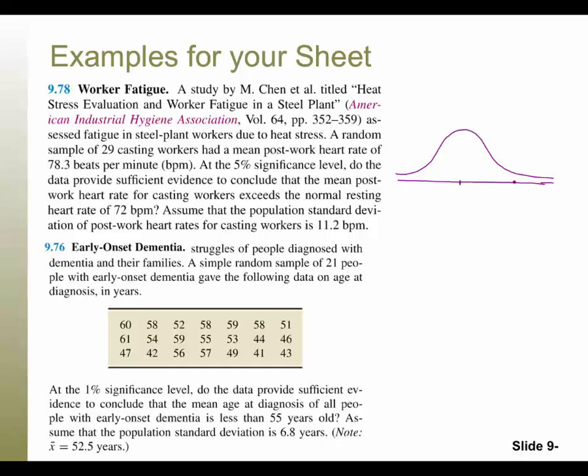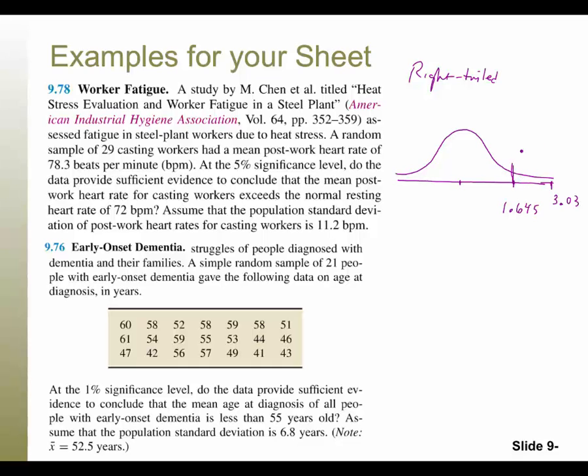Okay, so for 5% significance, what did you get for your z-score for 5%? This is a right-tailed test, first of all. What's the z-score for 5%? 1.645? And what z-score did you get for this sample? Quick. 3.03. Okay?